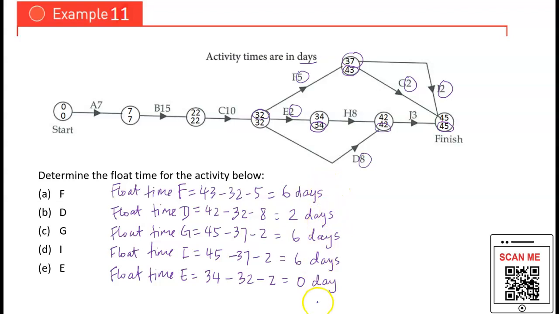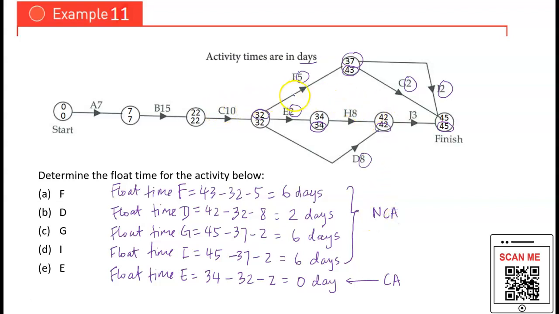So what do you find from this question here? Where is your critical activity? Here, you know, the critical activity will always have 0 days. This is your critical activity, whereas the rest here are what you know as non-critical activities.